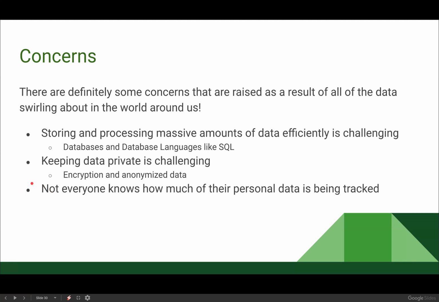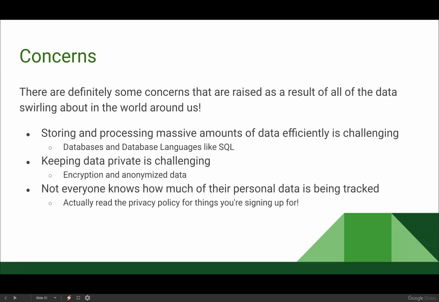And a big concern is that we are really not sure how much of our personal data is being tracked day to day. I know that even I don't really do this, but actually reading the privacy policy for things that you're signing up for will tell you how your information might be collected, how they might use your information. There's an adage, if the service is free, you're probably the product.